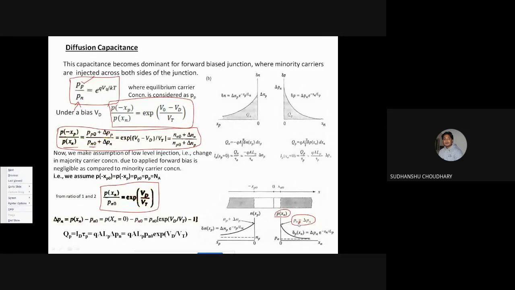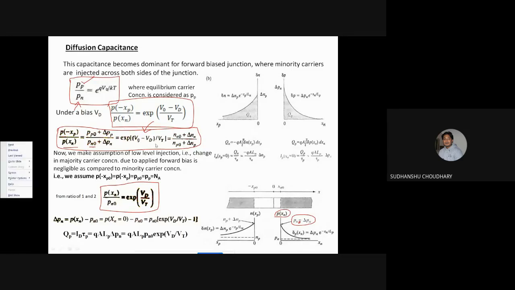Similarly, P minus XP, that is from here. So P minus XP can be written as equilibrium hole concentration in P type plus excess hole concentration in P type, which is equal to e to the power V naught minus Vd by Vt.